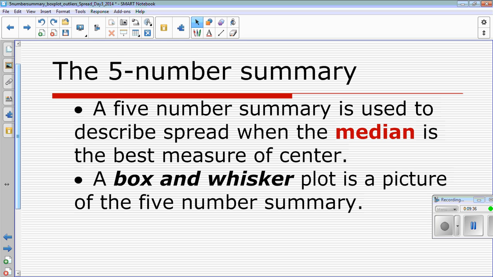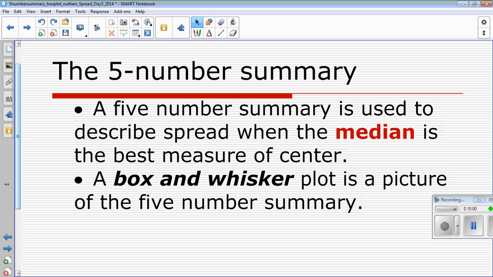We called that the resistant versus the non-resistant measures of center last class. The mean is being pulled. The median is only going to move over one little bit. It's not going to be as pulled further away. So when you have skewed distributions, the median gives us a decent picture of the center, and that's what you need to use.